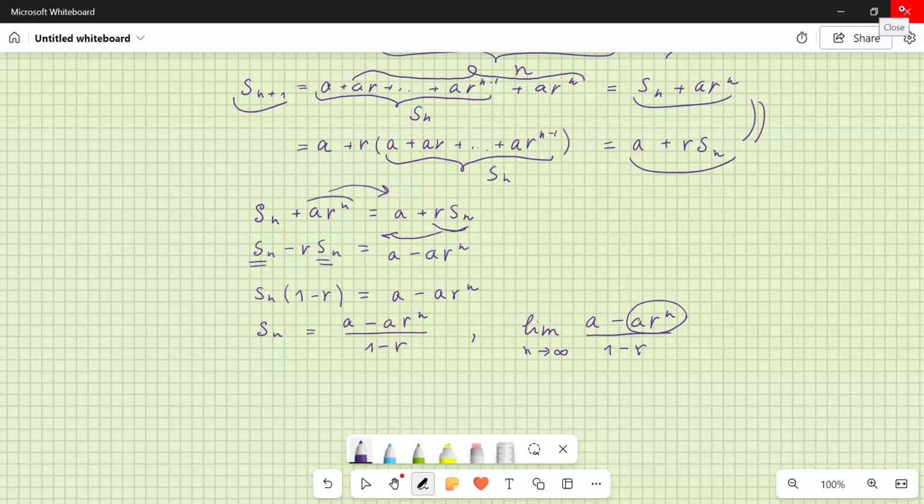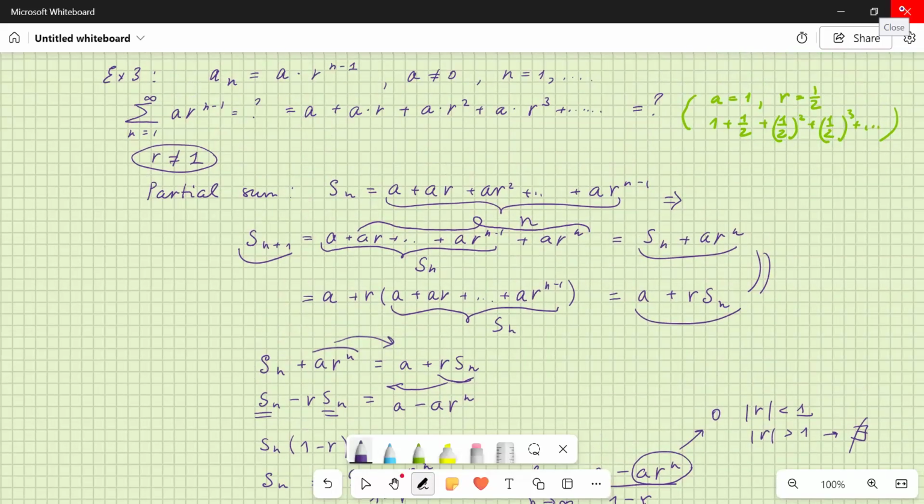If you recall my previous lecture, we investigated this term. We know that r^n goes to 0 when the absolute value of r is less than 1, right? And it goes to infinity, or the limit does not exist, when r is greater than 1. It does not exist. I'm going to write it in short. And when r is equal to 1, we're not going to consider 1 over here, just because we know that the sum is already going to be infinity.